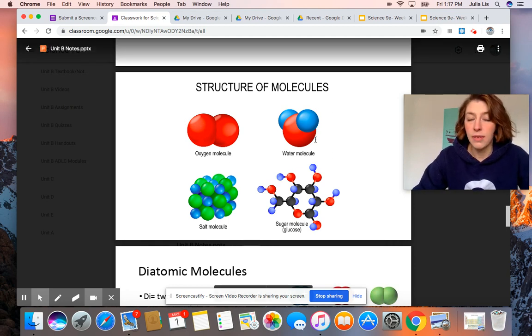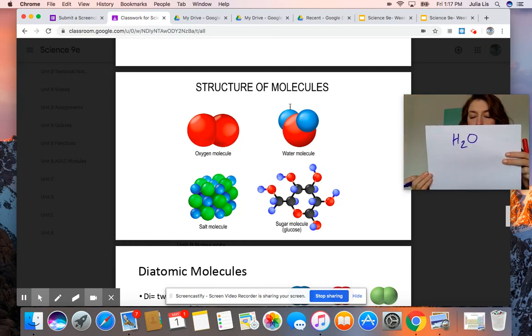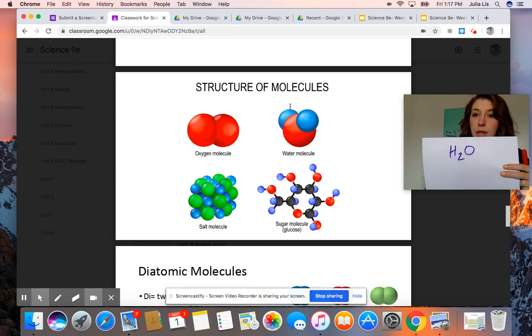We also have a water molecule. So water, the formula for it, you might know it, is H2O. What this means is that you have two hydrogen atoms and one oxygen atom.